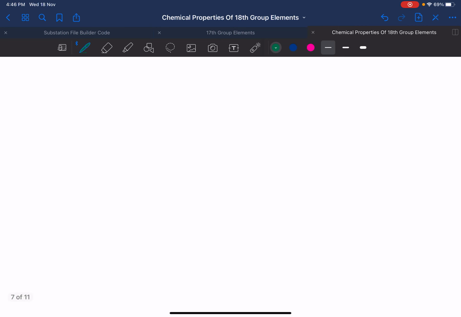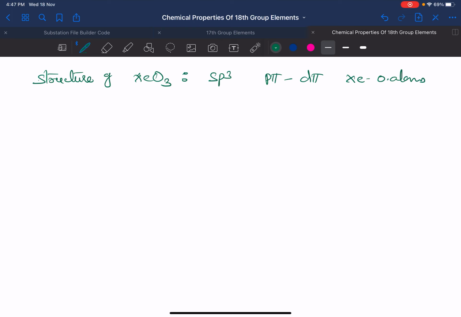Next one is the structure of XeO3. In this, the central atom is xenon. It undergoes sp3 hybridization. There are 3 p pi and d pi bonds present between the xenon and oxygen atoms.